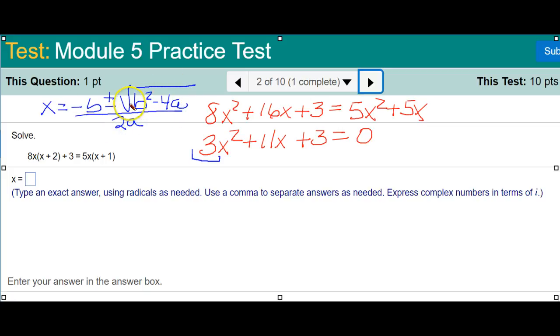But to use this formula, we must identify our a term, which is 3, our b term, which is a positive 11, and our c term, which is a positive 3. So then you take this and put it into the quadratic formula.